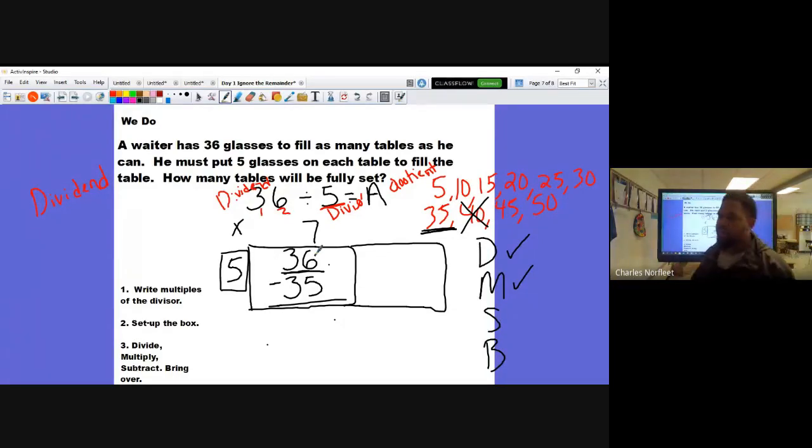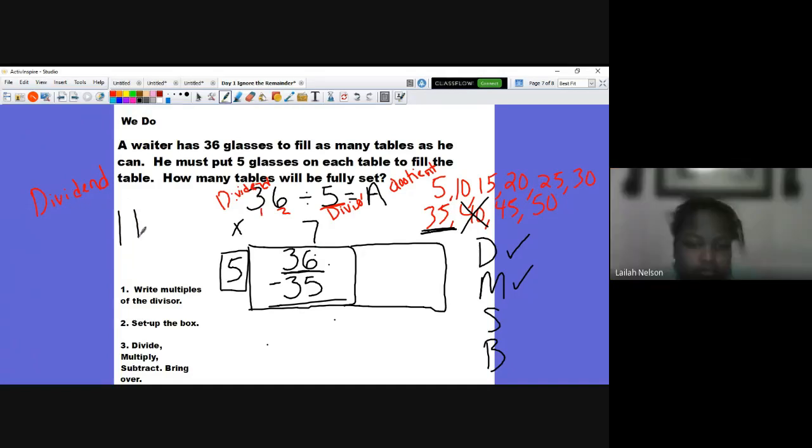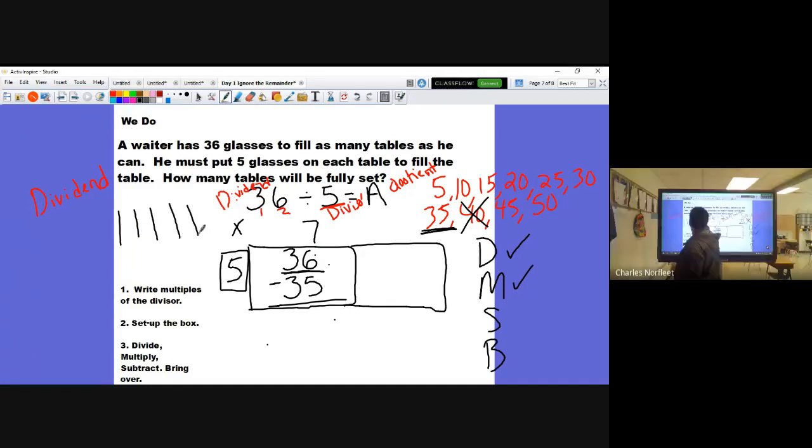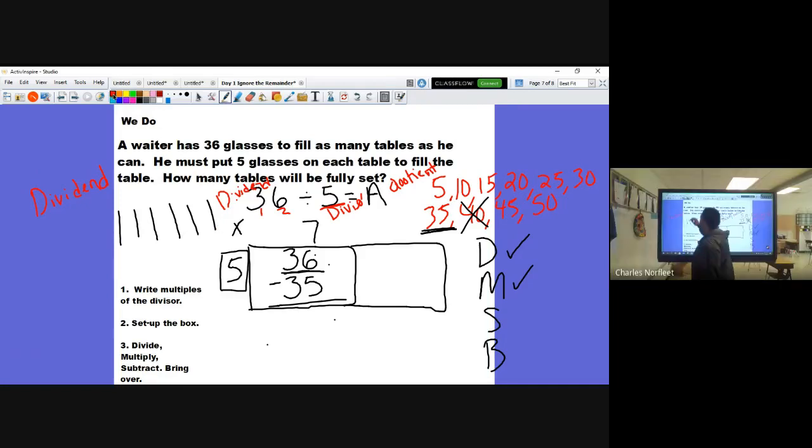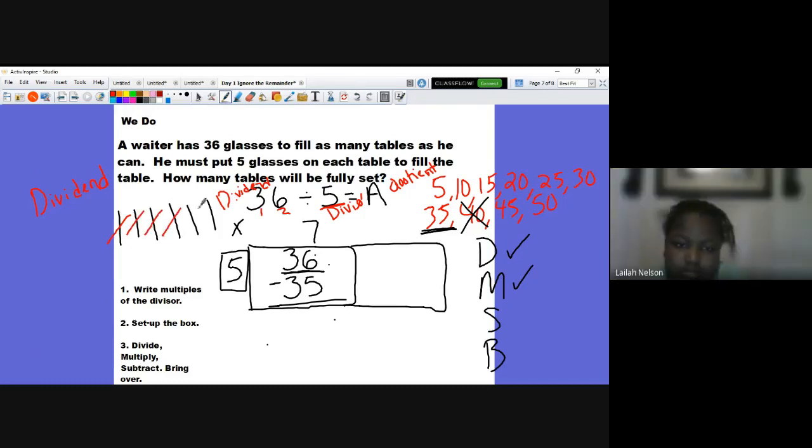How much money are we going to get back? 1, 2, 3, 4, 5, 6. If we spend 5 of them, let's look. 1, 2, 3, 4, 5. How many do we have left, Layla? 1. Only 1, right? Good job.